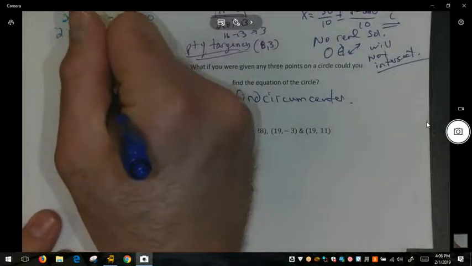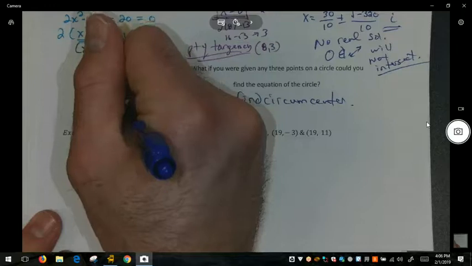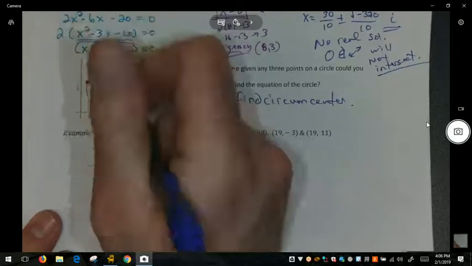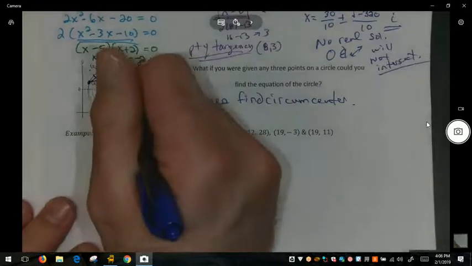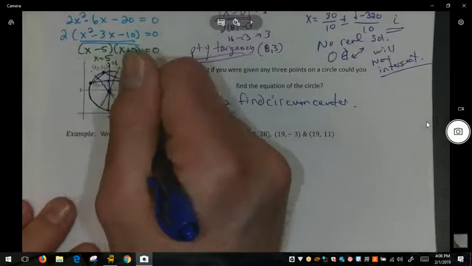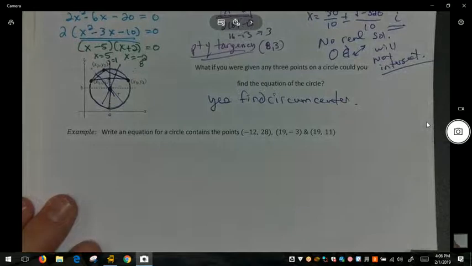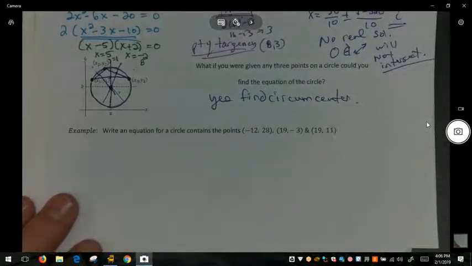If I did a perpendicular bisector to this line and this line and this line, it would give me the center of a circle that would circumscribe the triangle, or enclose the triangle in a circle.